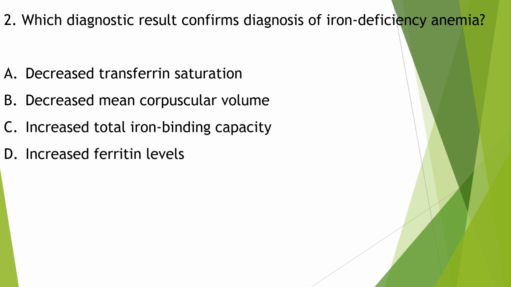This TIBC is used with the serum iron to calculate transferrin saturation. In iron deficiency, serum iron levels decrease and this total iron binding capacity increases, decreasing the transferrin saturation. So here the confirmatory diagnosis of iron deficiency anemia is increased total iron binding capacity.